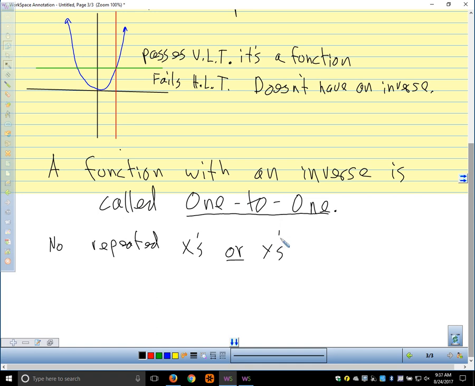For every x value, there's exactly one y value. For every y value, there's exactly one x value. And that's why inverse functions are nice. When we have a function and its inverse, those functions are one-to-one.